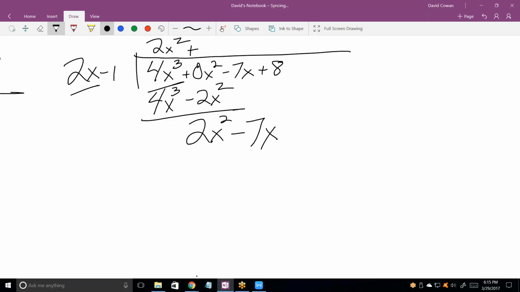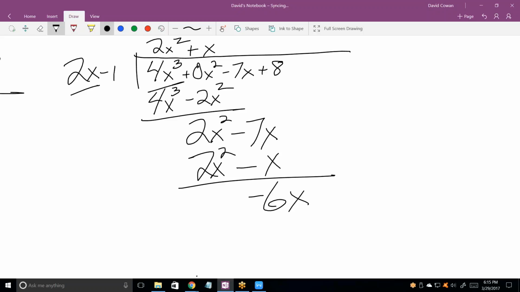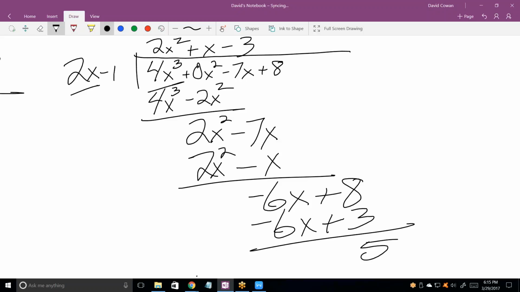You get just x. Multiply x by both terms. Subtract. Minus 7x minus a minus x gives you minus 6x. Bring down the 8 one last time. Subtract, you get a remainder of 5. So this becomes 5 divided by 2x minus 1.